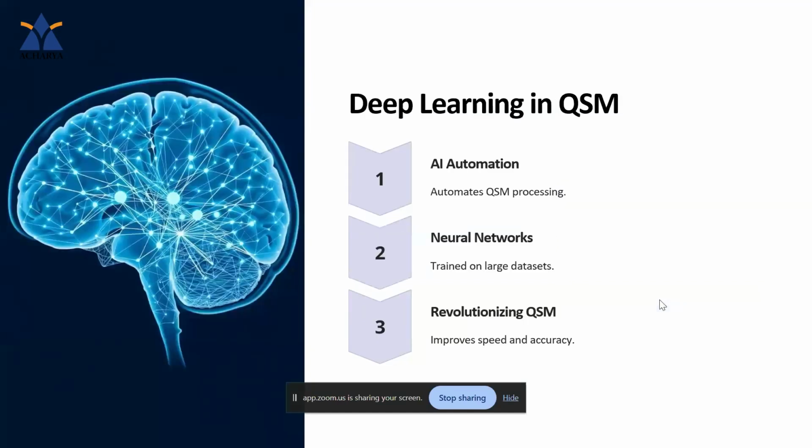Moving on to deep learning in QSM. This deep learning is nothing but AI, right? The integration of deep learning and AI significantly improves QSM imaging or QSM processing.